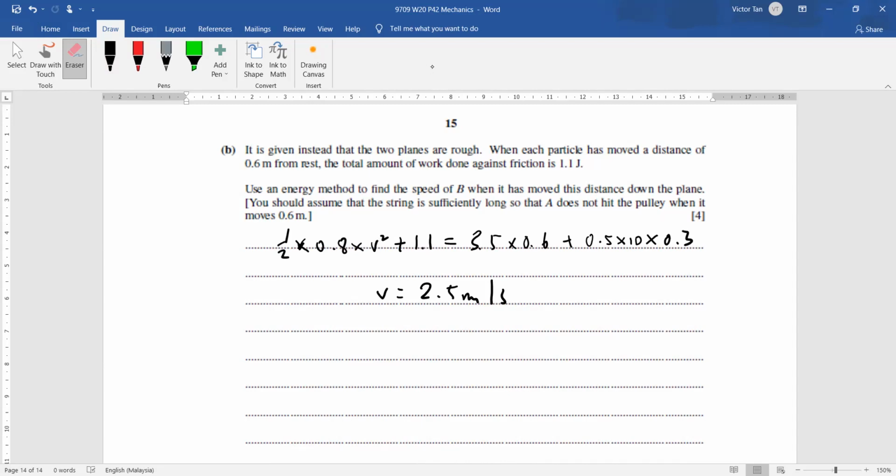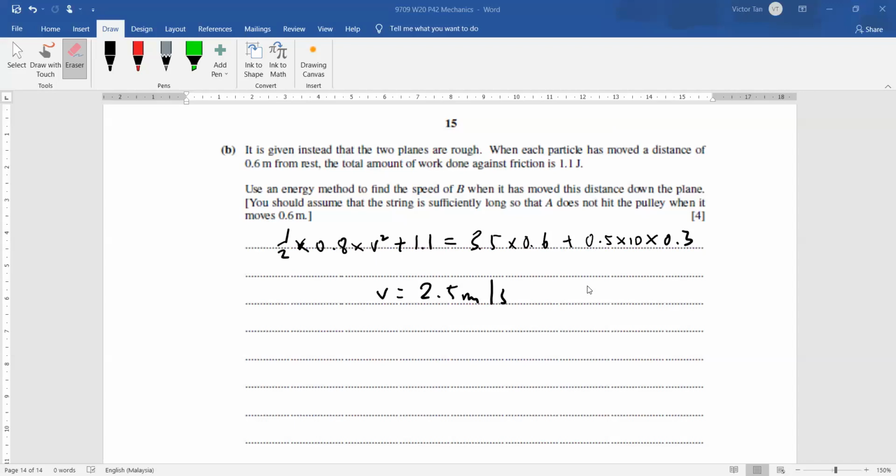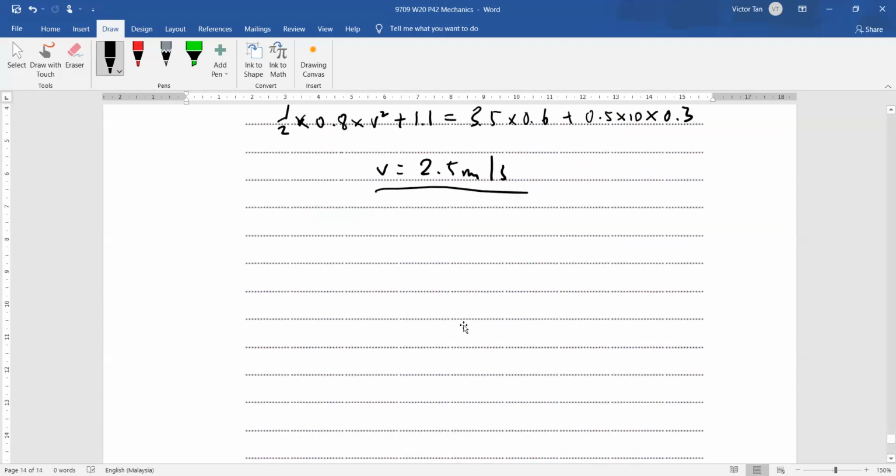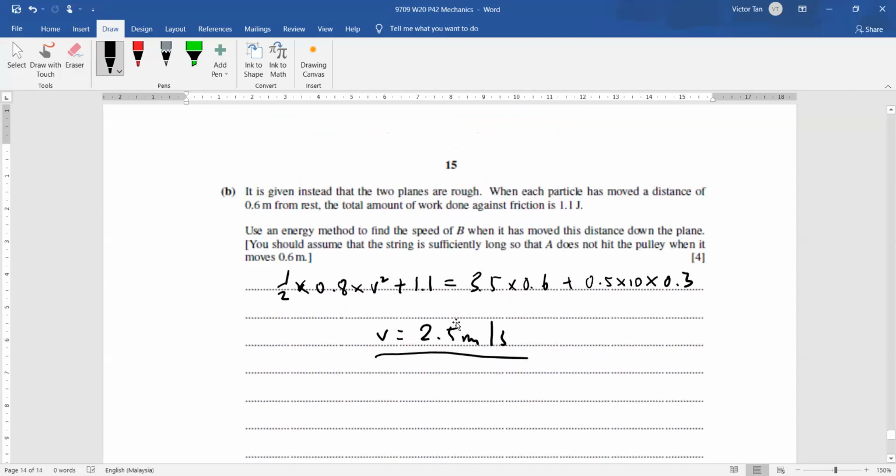I'll check the solution again. So all seems to be in order. So the answer is 2.5. Okay, 2.5. Looks very short, but it's what you should know.